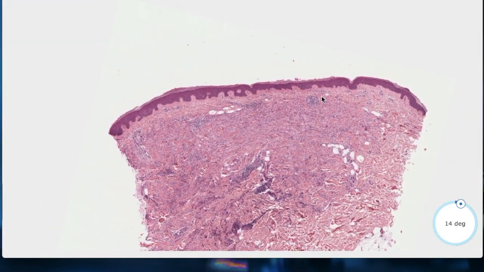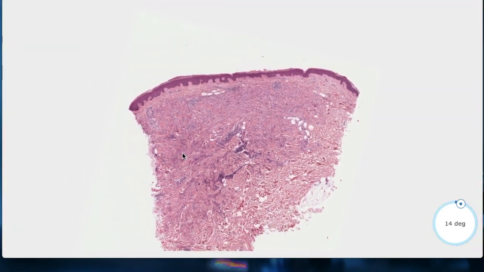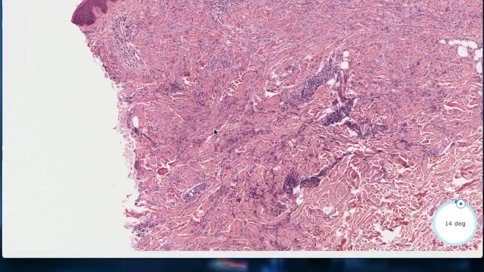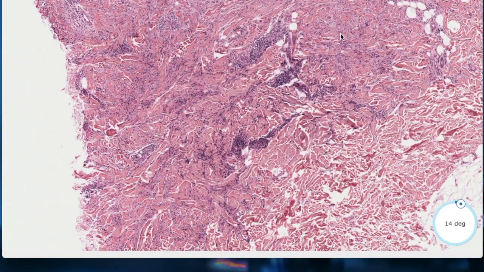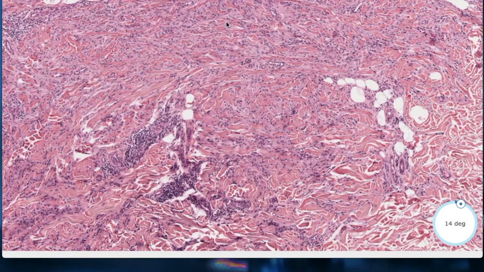So palisaded type of granuloma. This is very nice example of granuloma annulare. If you are not sure, you can do Alcian blue. It will highlight the mucin deposition. Very, very nice example, granuloma annulare.